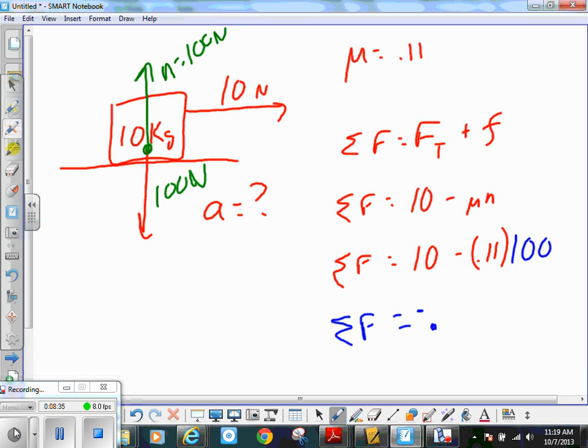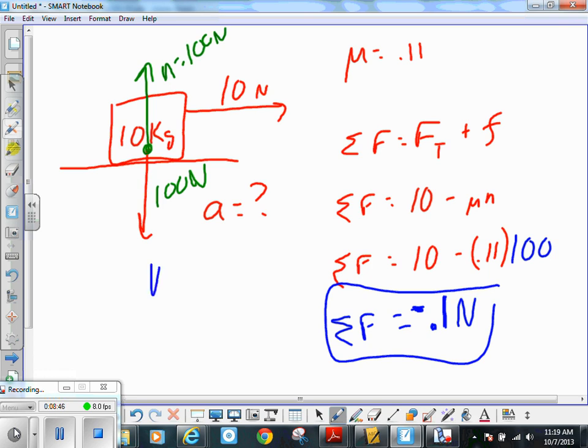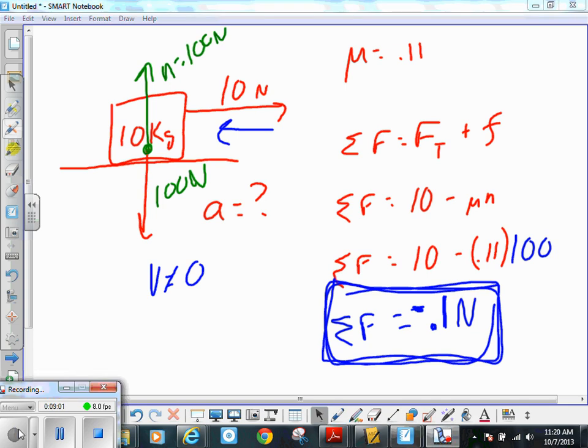Okay, so the summation of forces in this case then is negative 1 newtons. If you look at this, the question is, what's our initial V? If our initial V is equal to a non-zero number, this is the true summation of forces, and the thing will be slowing down or accelerating in the opposite direction. Let me just fix that here.